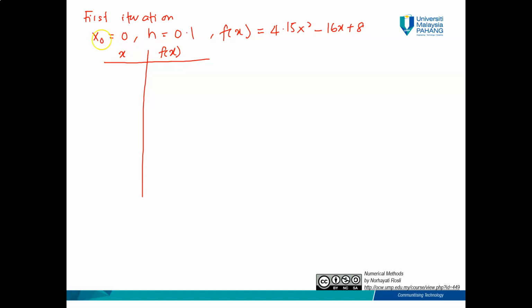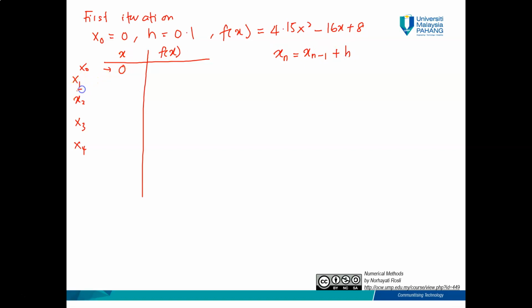So our first value must be 0 because x0 is equal to 0. But next, you need to compute the next values, which are x1, x2, x3, x4, and so on. How can we compute x1? Remember, based on the concept, we have the formula xn equals xn minus 1 plus h.